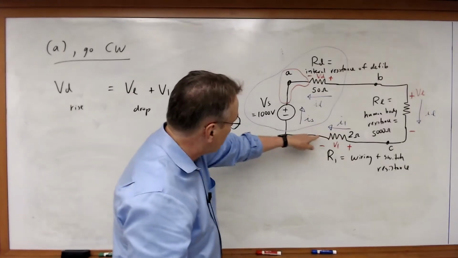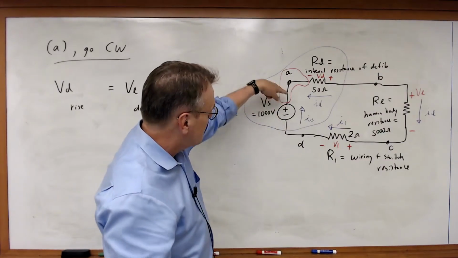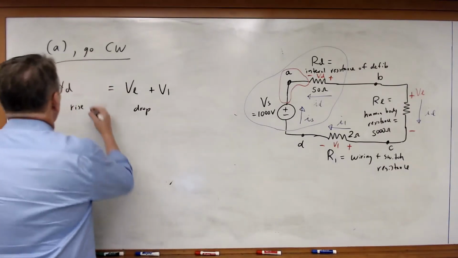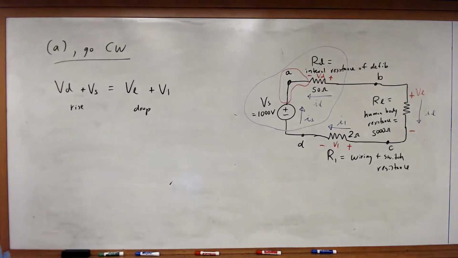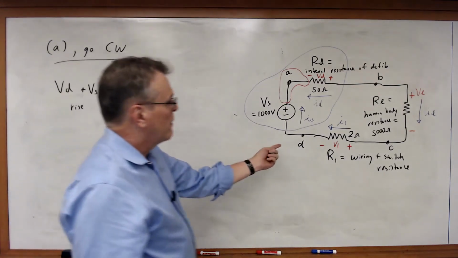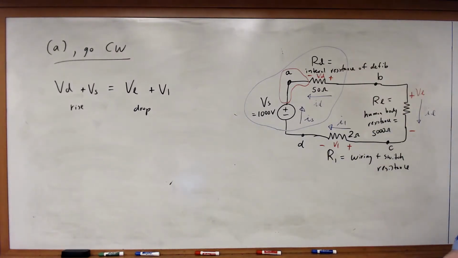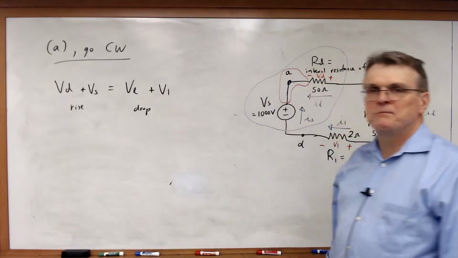And then keep traveling around, and then I've got VS, negative to positive, that's a rise. And there's my KVL equation. The drops must be equal to the rises. And I simply write my equal sign and add the terms on either side.